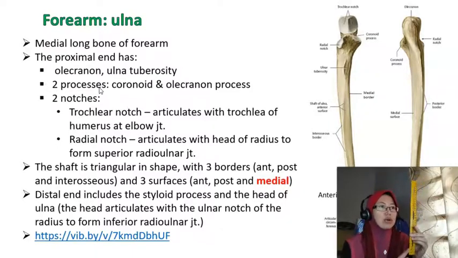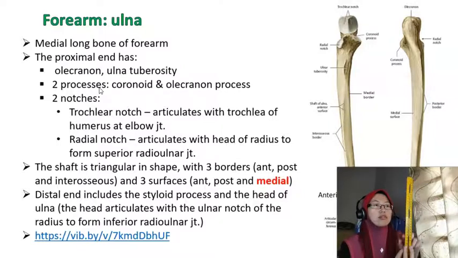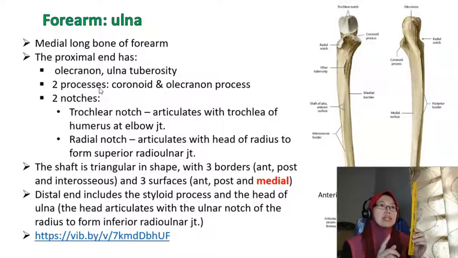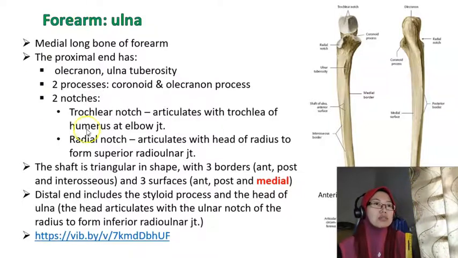Ulna also has a projection downwards, also known as styloid process. And head of ulna is the distal end of ulna. You can watch the video here to understand further about ulna and all surfaces and everything.